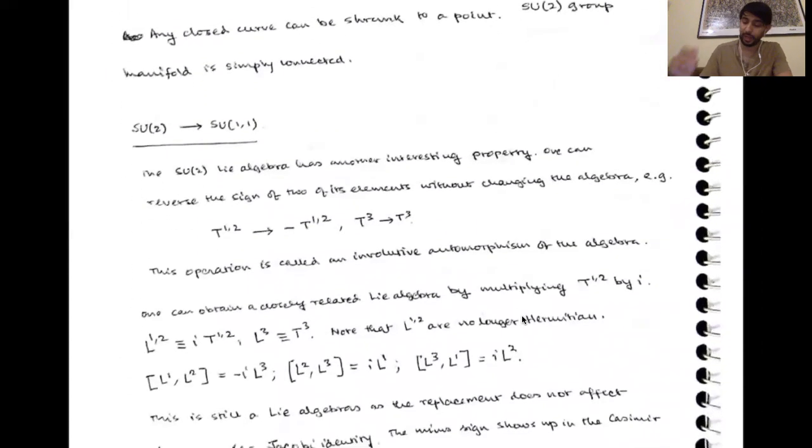Okay, some more interesting things about it. Let's look at the algebra again. We find an interesting property: if we change the signs of T1 and T2, and we keep T3 the same, then the algebra actually stays the same.